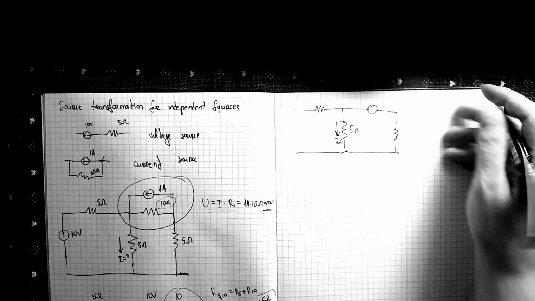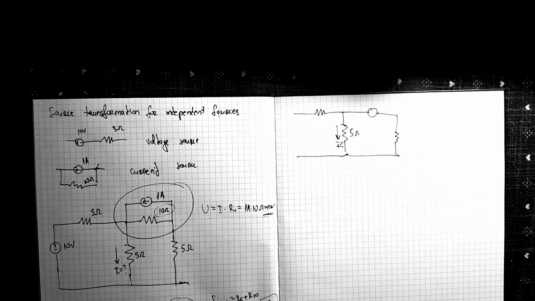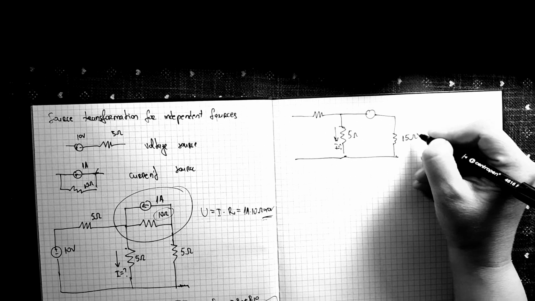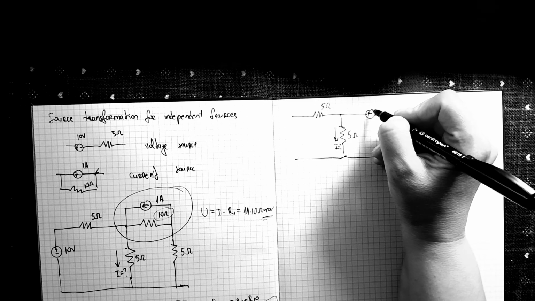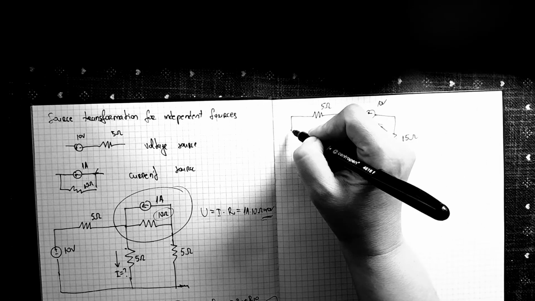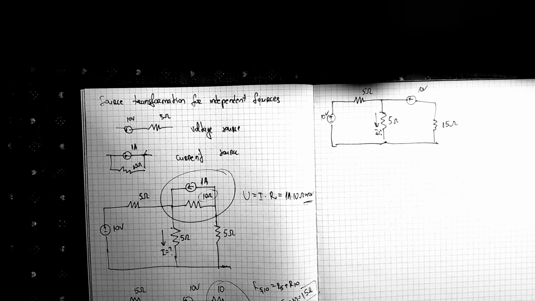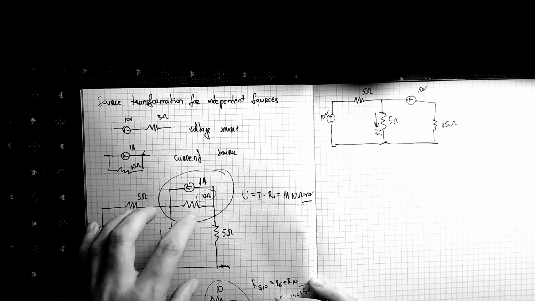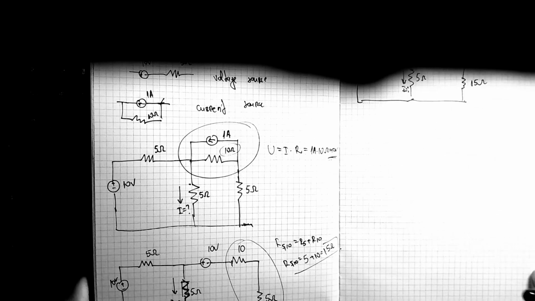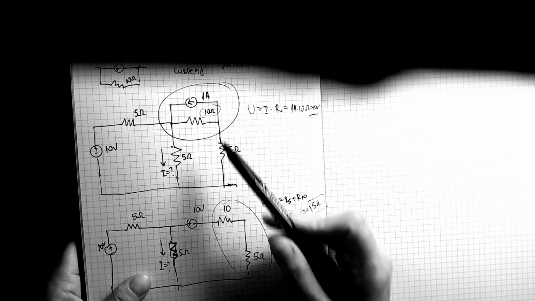As we remember, that is 15 here. Here is 5, here stays 5, here is 10, and also this one is 10. Important thing to remind you is that the place of the resistors is changing, as you can see here, so it's not here anymore, it's here, but the value stays the same.